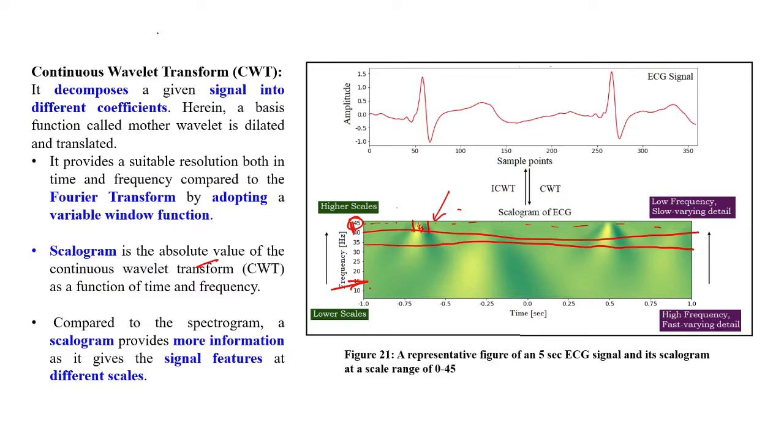I mean to say, if the width of the scale is x, then we can change this width to x plus delta x, where delta x would be tending to 0.